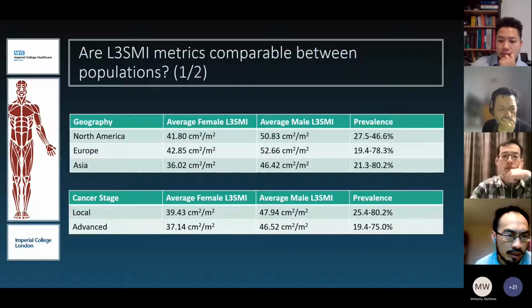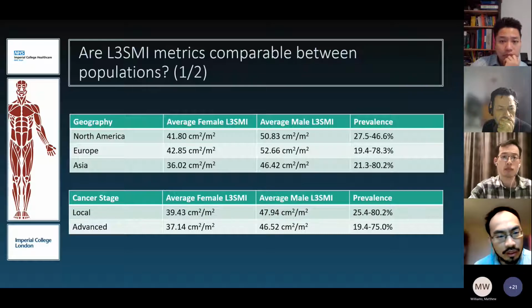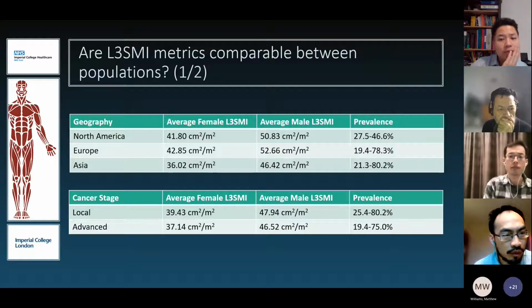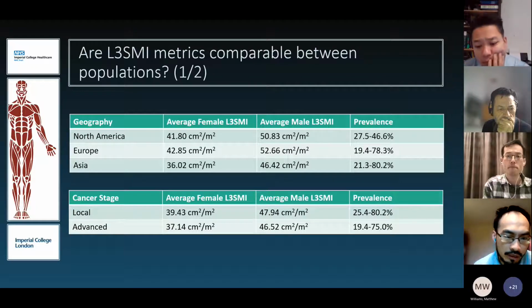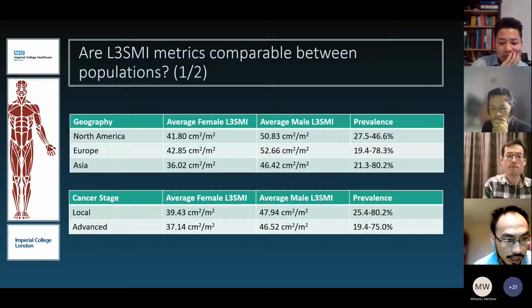So as we've seen, there are multiple working groups, the European Working Group for Sarcopenia, the Asian Working Group for Sarcopenia, and that's because everyone's intuited that body types differ across geographical locations and populations. The main takeaway here, we noted, is that in Asia, people tend to have smaller amounts of muscle, basically.